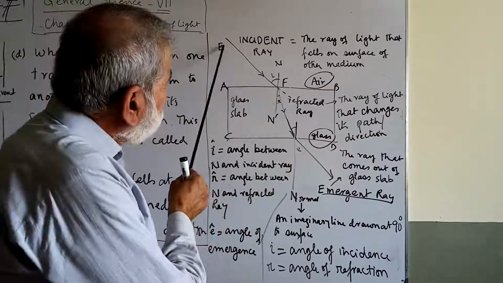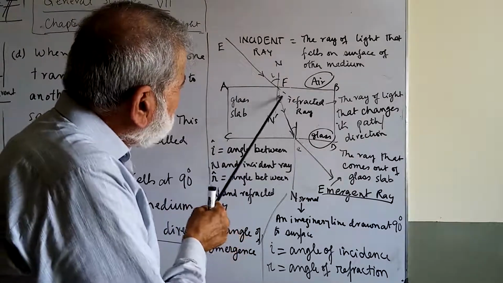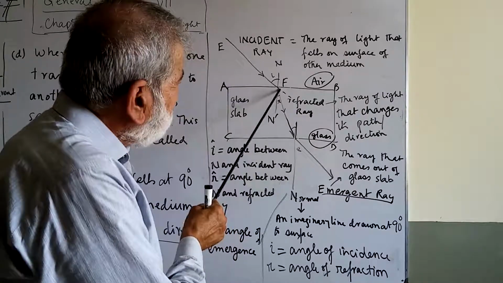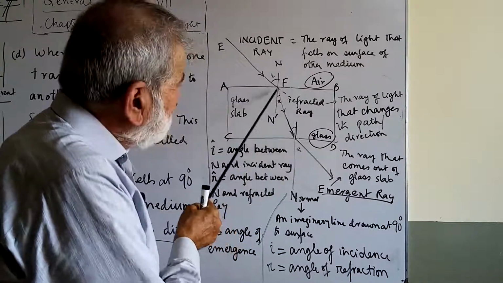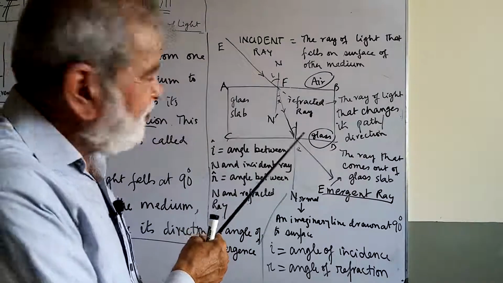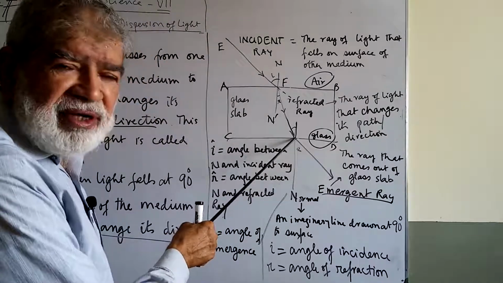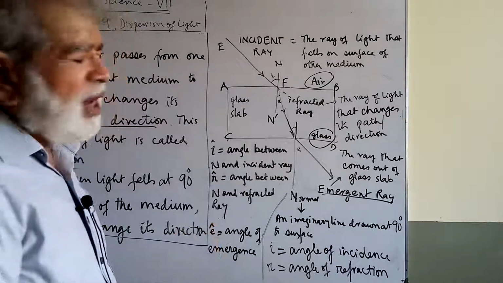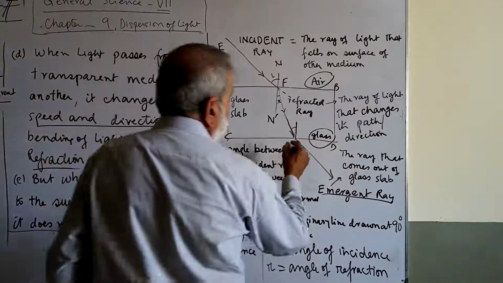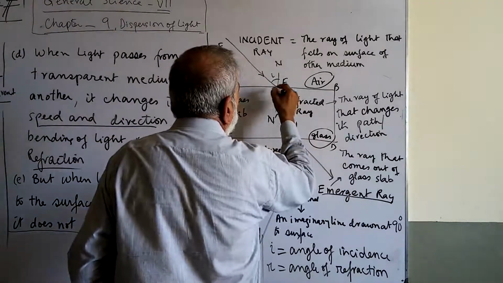Now the path of the ray EF was straight, so instead of going straight, when it enters the second medium, which is glass, it bends towards the normal, and it meets this point of the glass here, O dash. Let it be known as O dash. This is O and that is O dash.